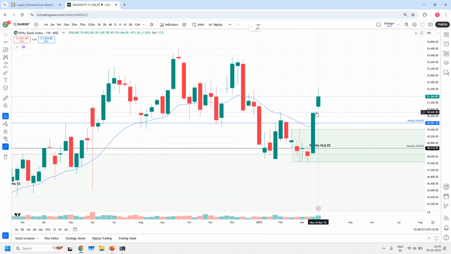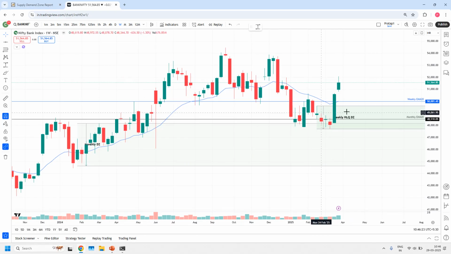Now the EMA went beyond this. Now prices have started moving up above the weekly EMA. Now probably overextension is getting started towards the upside. The bullish overextension is getting started now. So probably for some more weeks, if prices keep moving, you can see price overextension on the weekly time frame also.